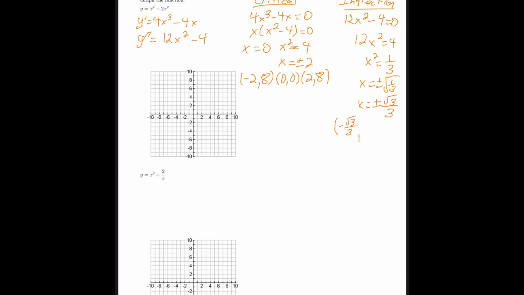Then we've got our inflection points. Negative root 3 over 3: if you plug that in, you'll get 9 over 81, so 1/9 minus 3 over 9. So I believe you'll get negative 5/9, but let me check that with a calculator.